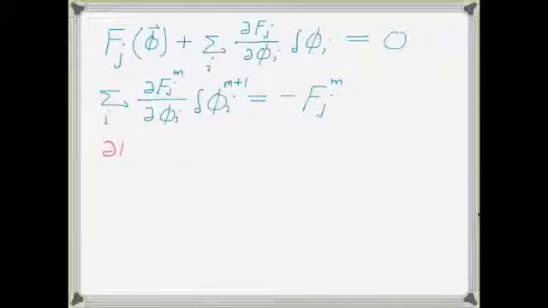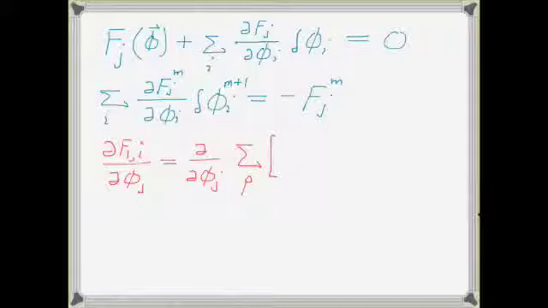dF1, comma I, d phi j is going to equal d d phi j of the sum over p of this matrix, which is just a bunch of constants. This matrix is only a function of the type of materials you're having. It's all the epsilons and the geometry, which determines how they're a function of position. So this matrix is just a matrix of constants, so it's not going to be affected by the derivative.